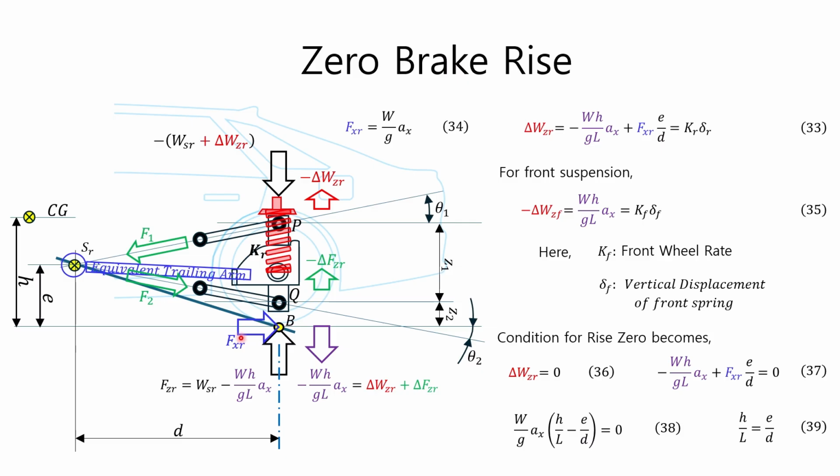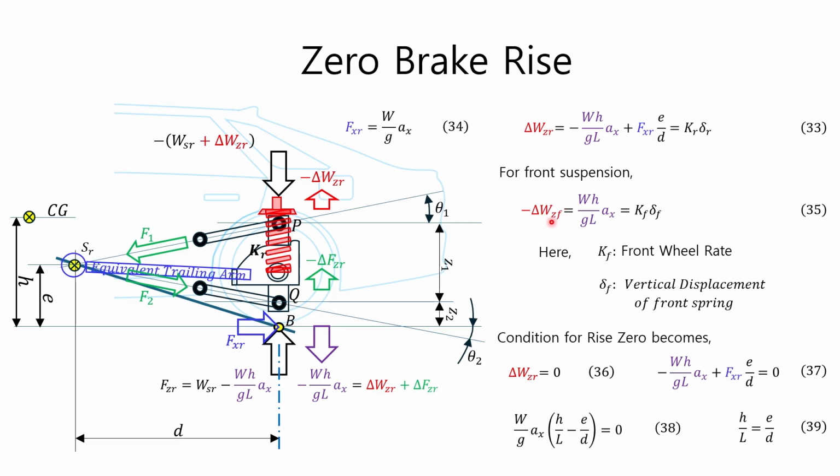rear outboard brakes. The rear spring displacement relative to the line passing vertically through the rear wheel centers was calculated using equation 33, and the front spring displacement relative to the line passing vertically through the front wheel centers can also be calculated from equation 35 using the previously calculated vertical dynamic load of the front spring, delta WZF.